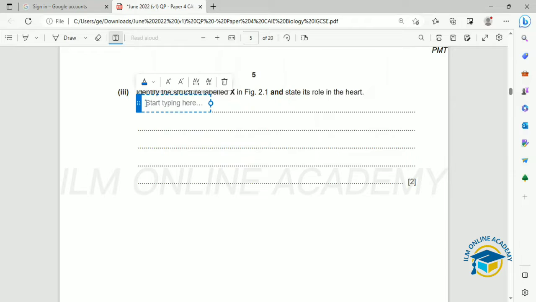It is semilunar valve, and what it does is that it prevents backflow of blood.